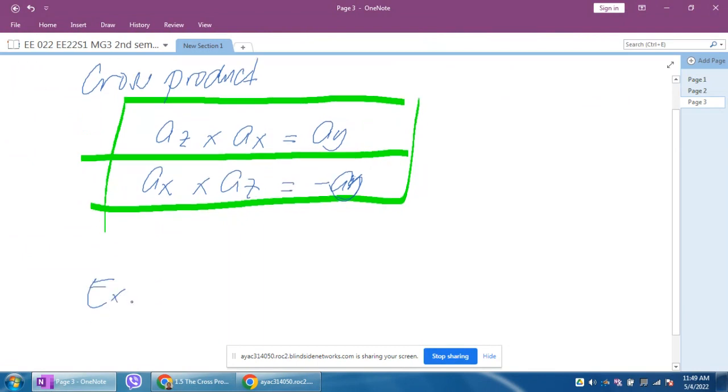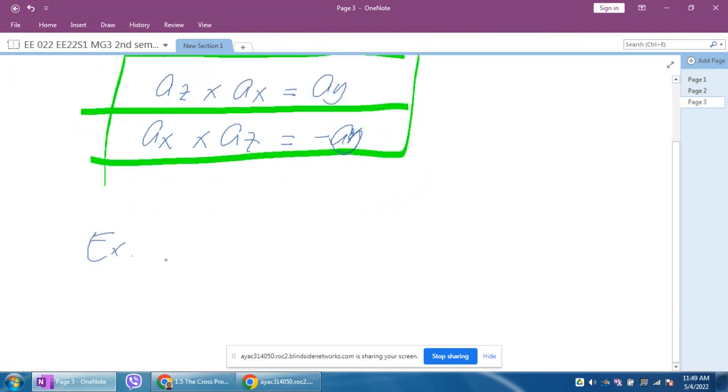Example. So given vectors A is equal to 2AX minus AY plus AZ.